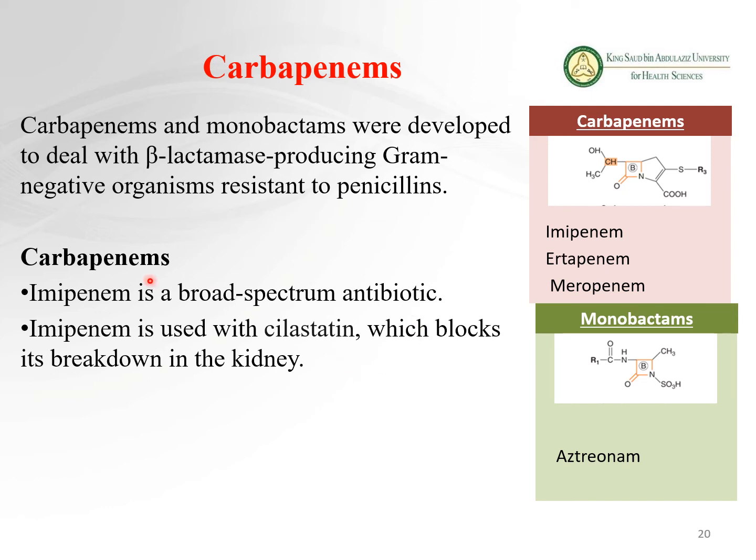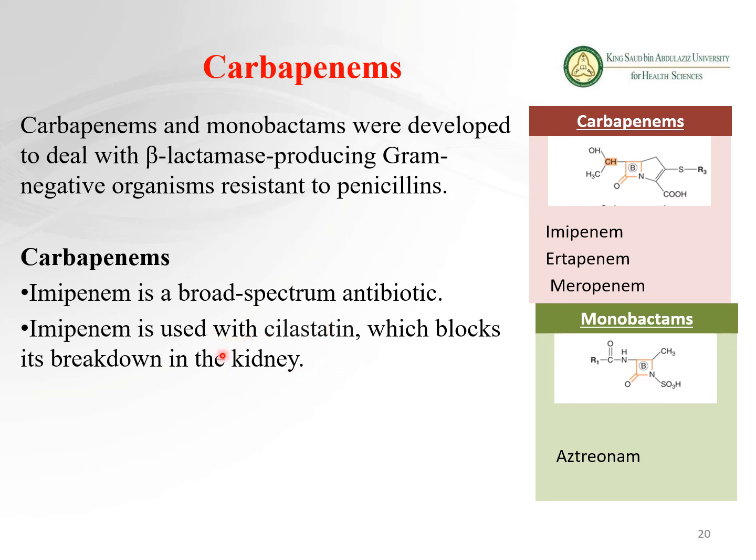It is normally given intravenously, and it goes into the kidney where it is biotransformed with the help of an enzyme called dehydropeptidase, and it is converted to a toxic metabolite that causes nephrotoxicity.